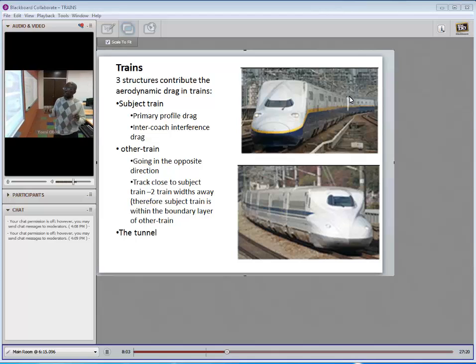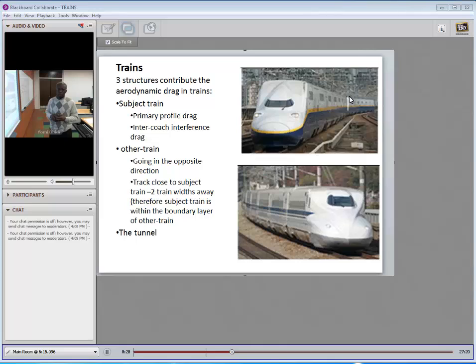There are three main contributors to drag. The three structures that contribute to aerodynamic drag are the subject train itself, the other train, that's another train passing by or going in the opposite direction to the subject train, and the tunnel.